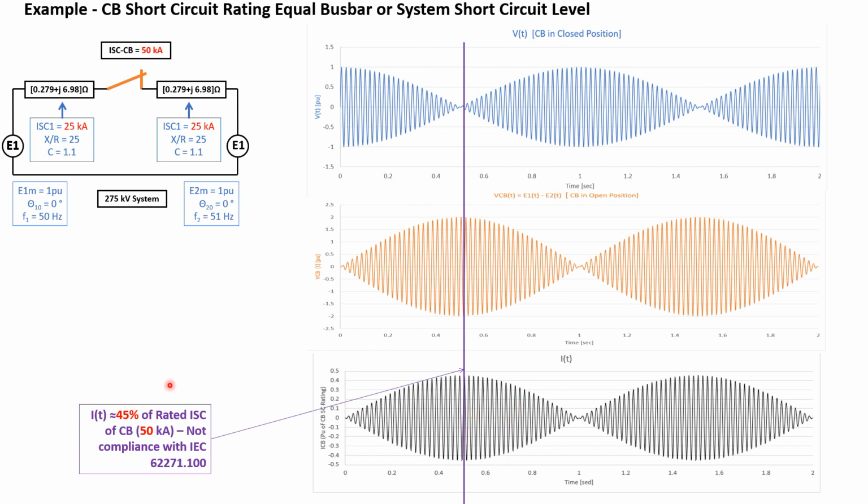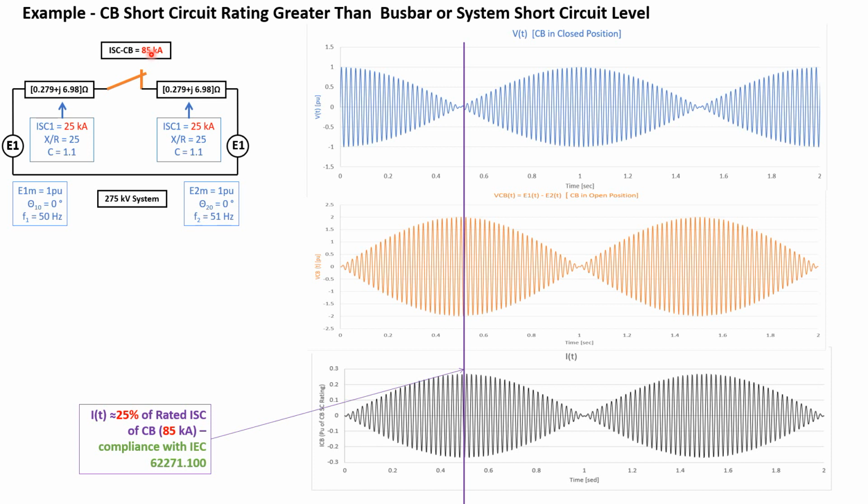Still the same pattern. We see that the current is 45% now of rated 50 kA. Still it is not complying. Then we select 85 kA. We just say 85 kA short circuit breaker rating, then it's complying, it is less than 20, almost 25%.